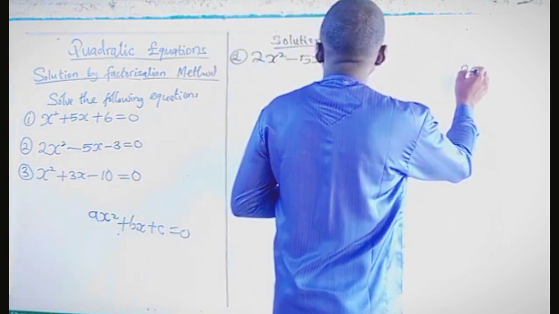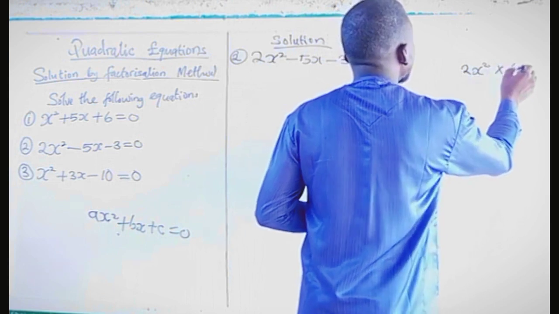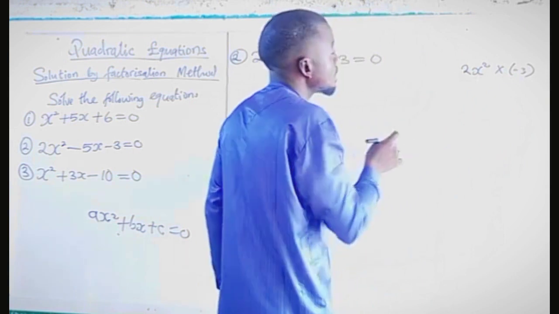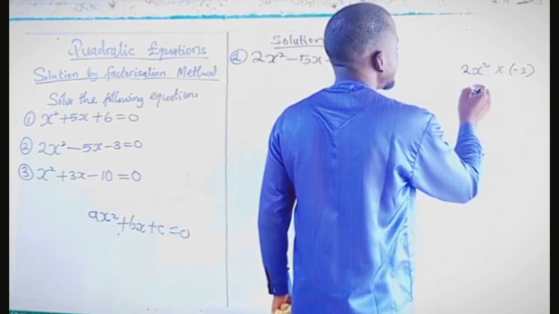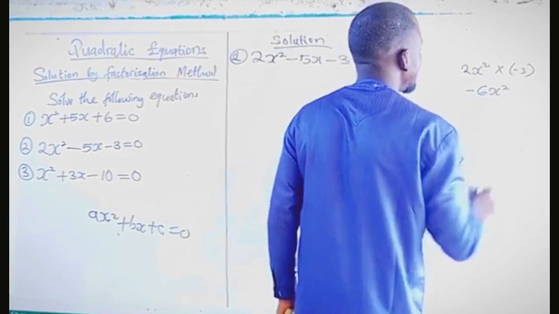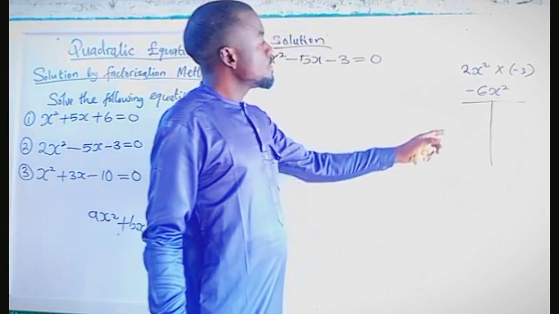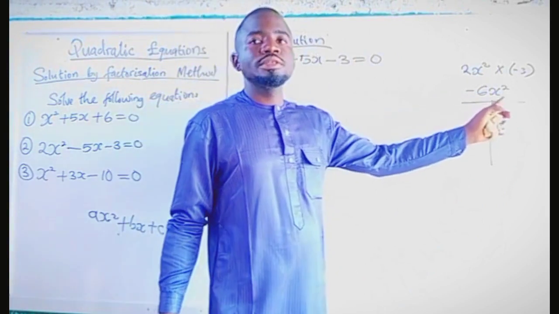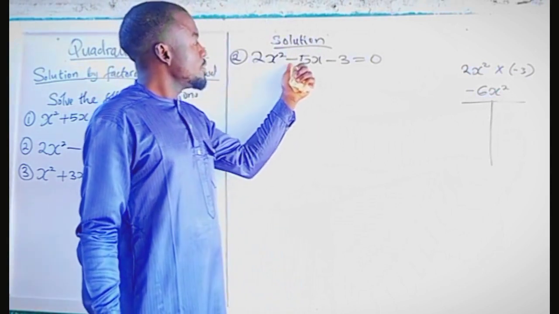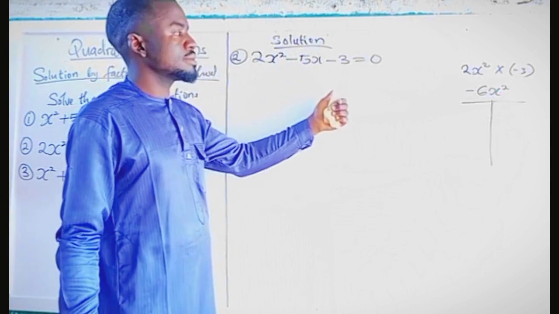That is 2x squared times minus 3. When you multiply these two, you have minus 6x squared. So now we are going to look for two factors of minus 6x squared that when you sum them up, they give you minus 5x.